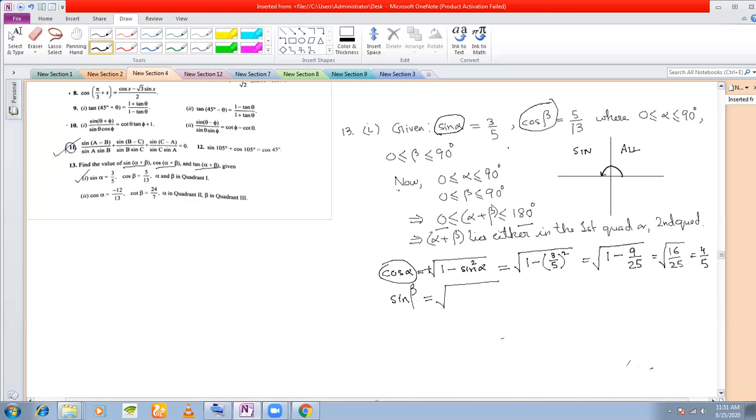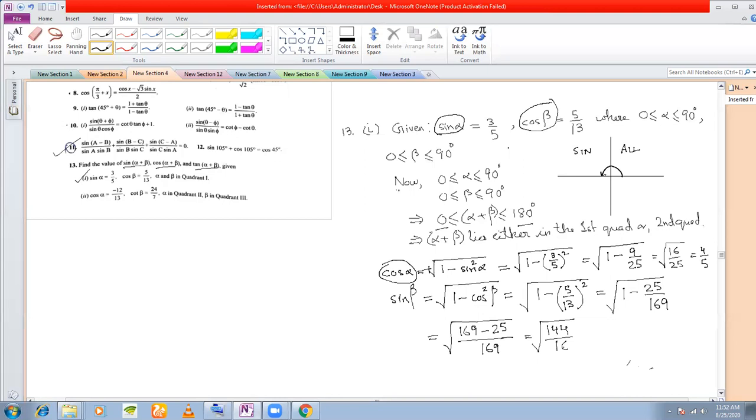Now sine beta is again plus root 1 minus cos square beta, which is root 1 minus 5 by 13 square, which is equal to root over of 1 minus 25 by 169, which is root 144 by 169, which is 12 by 13.